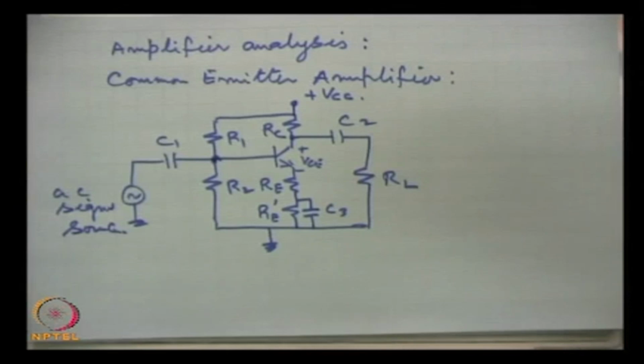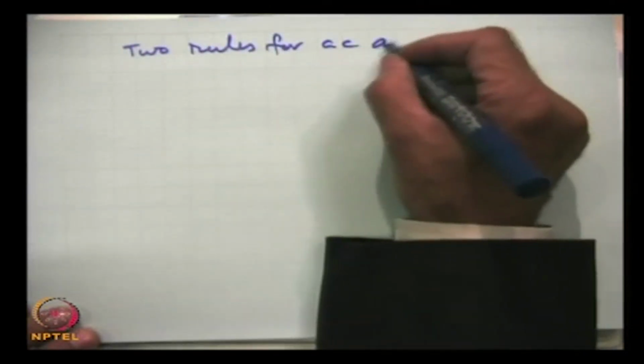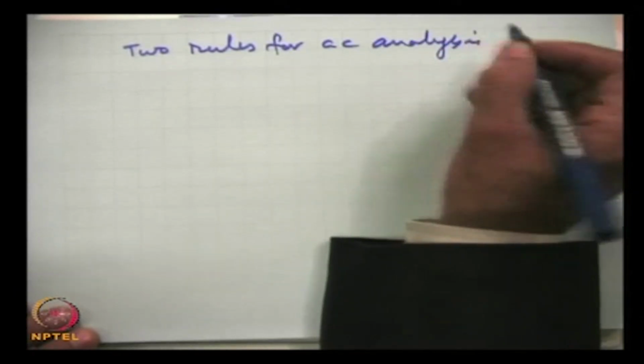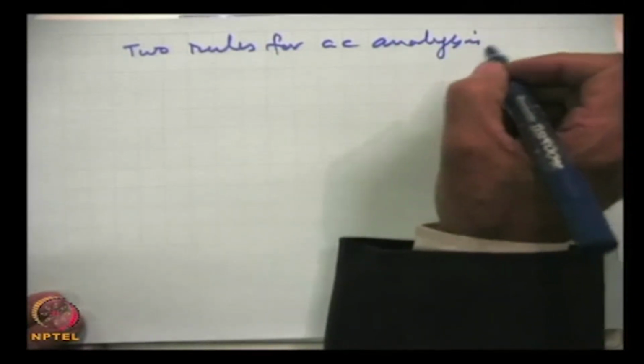Now, we apply the rules of the analysis, which of course we applied even in the case of hybrid parameter analysis, and I summarize these two rules again in just two lines. This is true for any AC analysis actually, that these rules have to be followed.